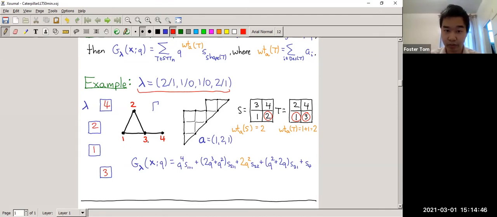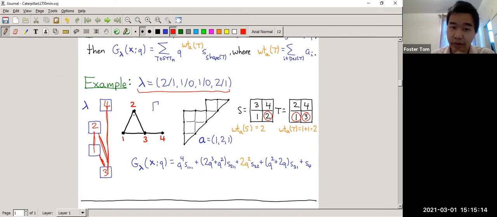I can now draw a graph where the vertices are the boxes and where two vertices are adjacent if it's possible to form an inversion between cells in these boxes. Recall inversions happen if I have two cells in the same column, or if I have a cell above and to the left of another cell. So I've got these four edges here, and I have this graph gamma.